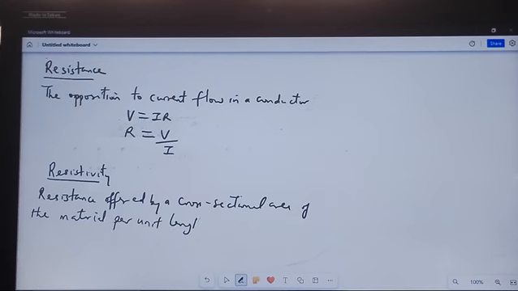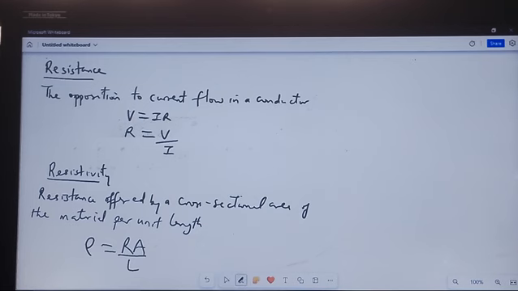So from that definition, we can write an expression for the resistivity of a material. Resistivity is the resistance offered by a cross-sectional area of the wire per unit length. So our resistivity is resistance times area over length.